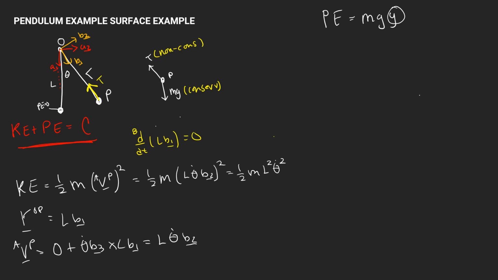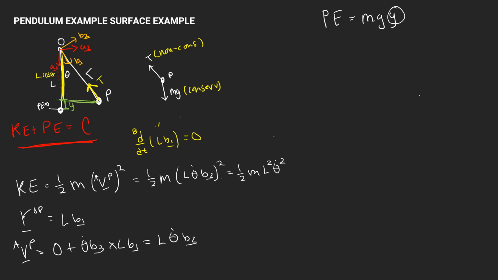So what we need is this height here, y. And so we can calculate it by doing the following. Let's project this point P over here, so that should be just a straight line. And we know that this here is equal to L cosine theta, right?